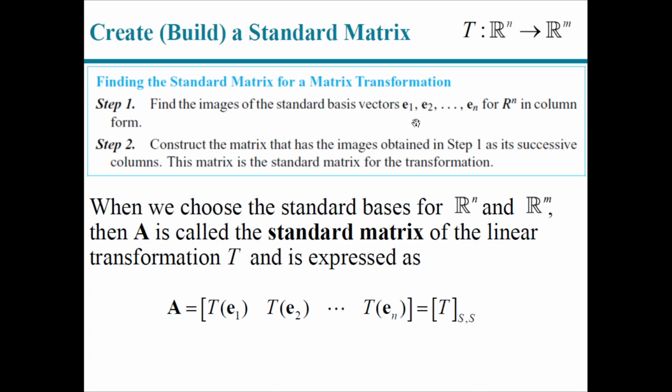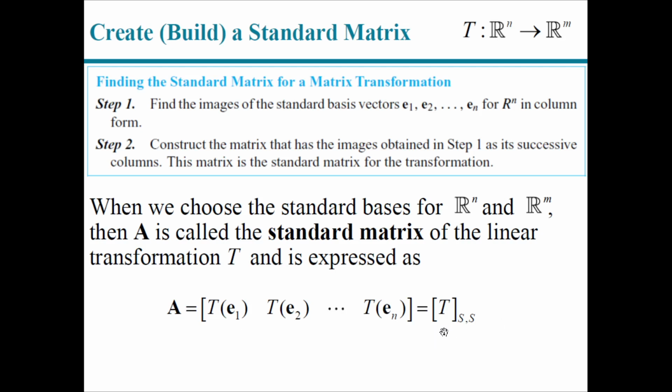That's expressed here. You take the standard basis, apply the linear transformation, you get the images, and then you put the images in successive columns, one after the other, and then you get your standard matrix. Simple as that. I keep this notation, it will be useful later on.